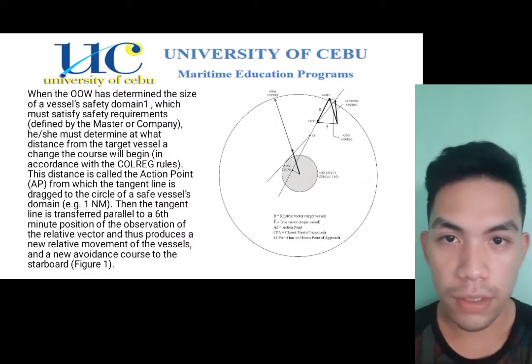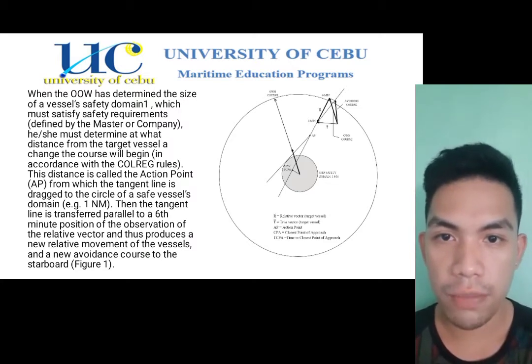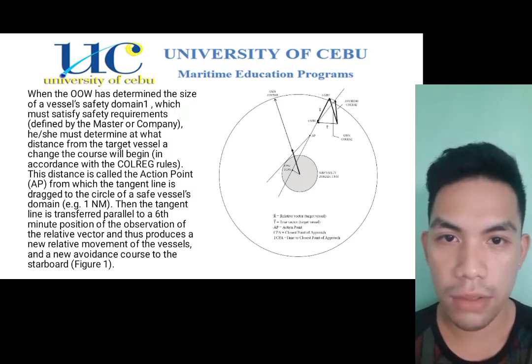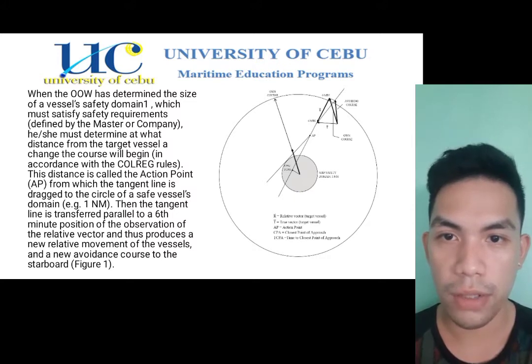When the OOW has determined the size of the vessel safety domain, which must satisfy safety requirements defined by the master or company, she must determine at what distance from the target vessel a change of course will begin.